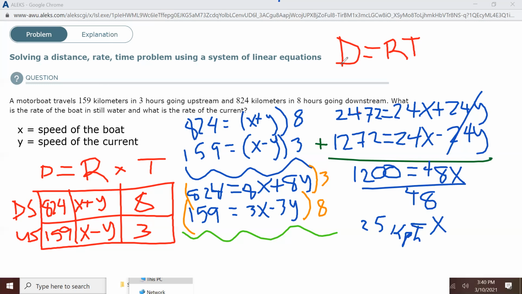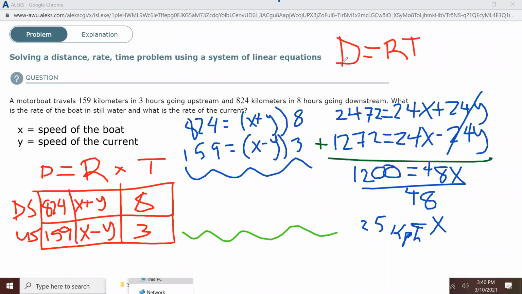And x stands for the speed of the boat in still water, so that's how fast the boat typically goes. What about the speed of the stream? Well, we expect that it's probably going to be considerably less. So we just need to replace x with 25 in some equation. I'll use the second equation.